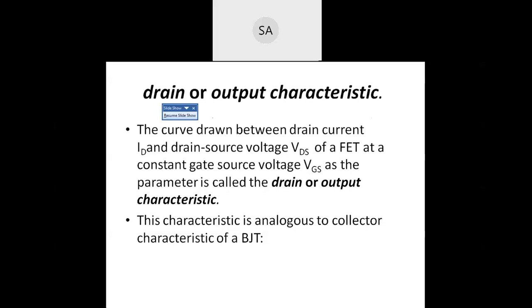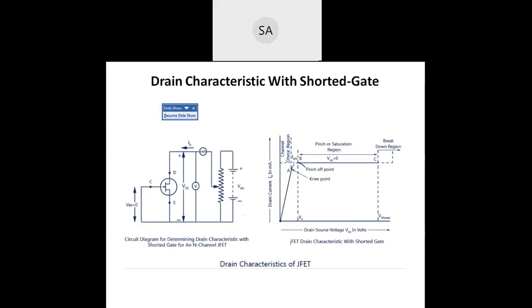That is known as the output characteristics or the drain characteristics of JFET. These characteristics are analogous to the collector characteristics of a BJT, which we already discussed in the third chapter.